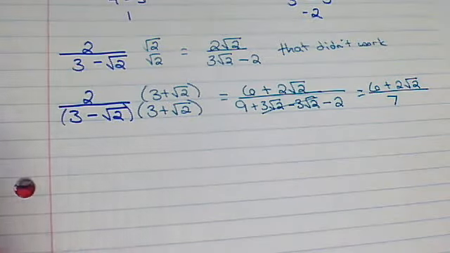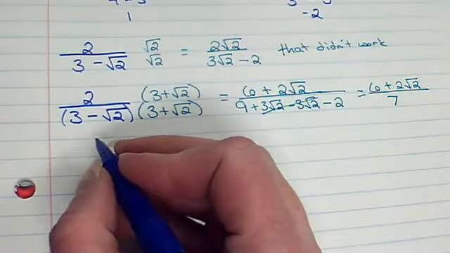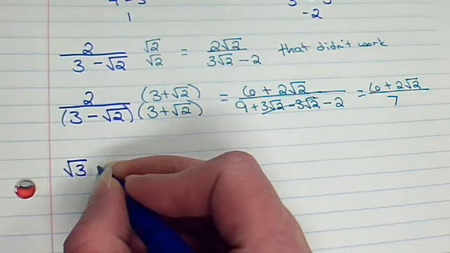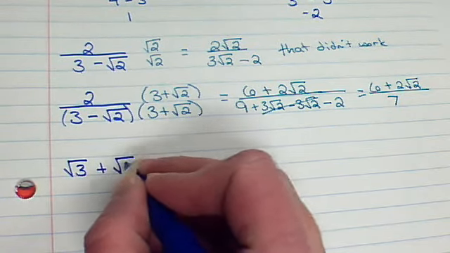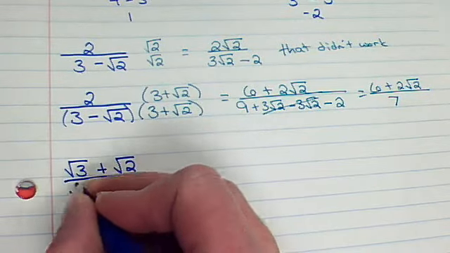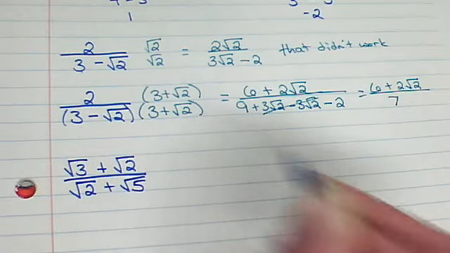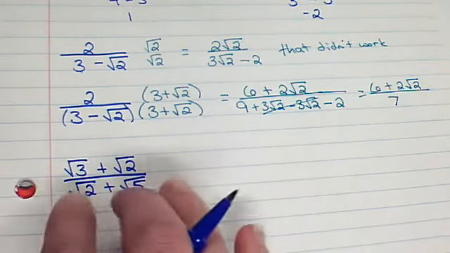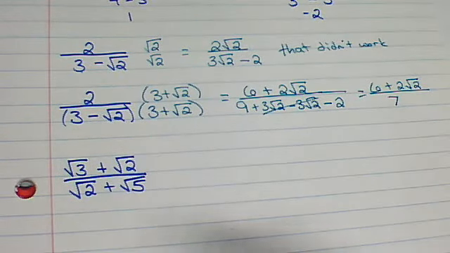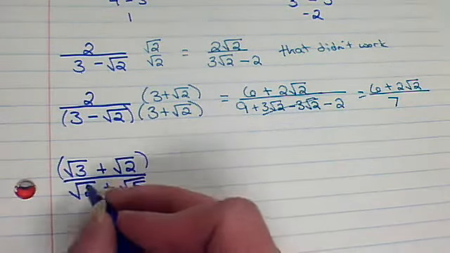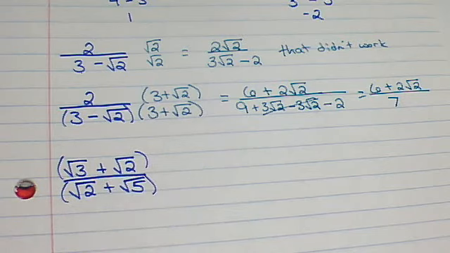I mean, it doesn't matter if it gets even more complicated. So I'm going to do a really ugly one. It does not matter how ugly it is. All we're caring about is getting those radicals out of the denominator. So we need to multiply the numerator and the denominator by the same thing.